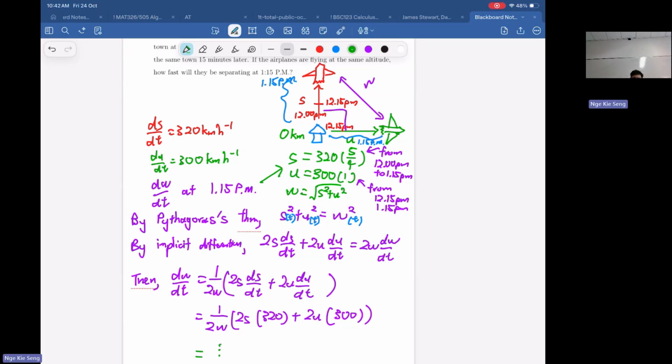I urge you to understand this question before you do it. If you just memorize this formula, I think you will always miss something when you do the question. If you understand what the question is, then you won't miss.